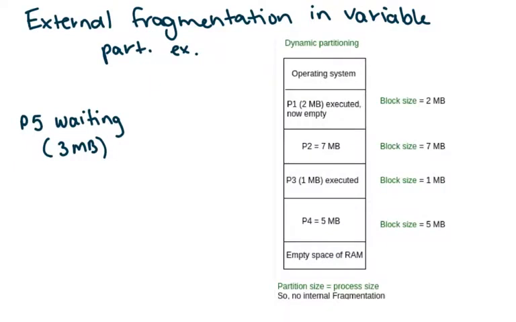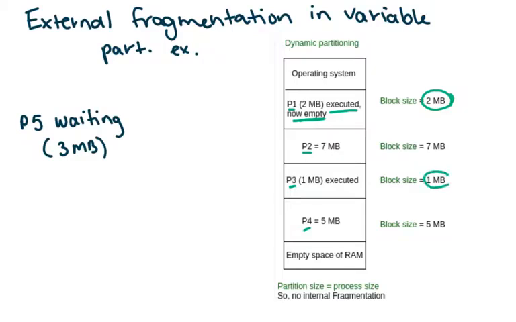Here is an example of external fragmentation in a variable partitioning scheme. The first time through, memory is unallocated, and it has picked up some processes and is running them: process 1 here, P2 is allocated here, P3 here, P4 here. We have some empty space here, and now P1 is done. So this is now empty, and it is a block size of 2.